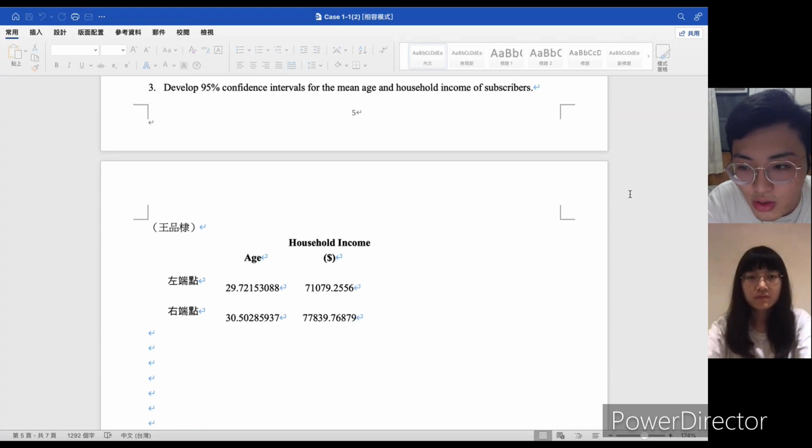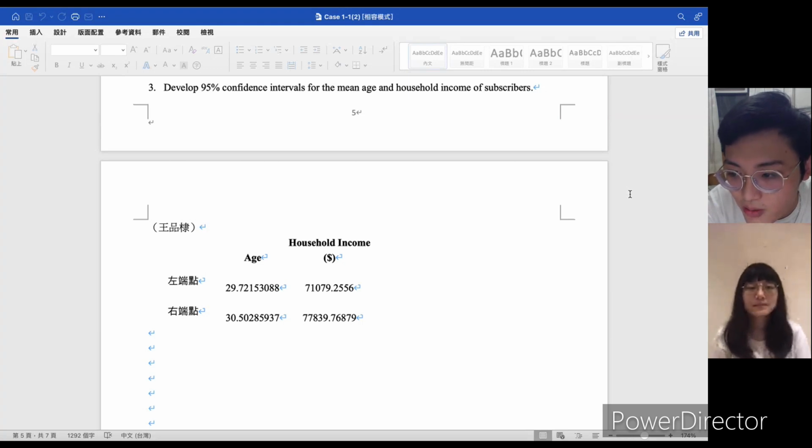And for question 2 of problem 2, we are going to calculate the left endpoint and right endpoint of the age and household income. We have to use the average and the 95% confidence intervals to get the answer. The left endpoint of age is about 29.7.